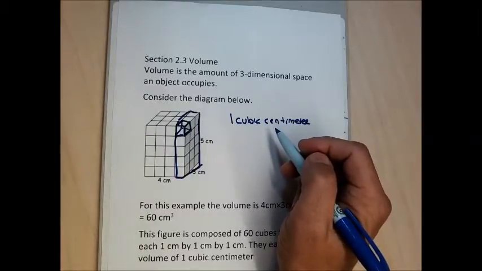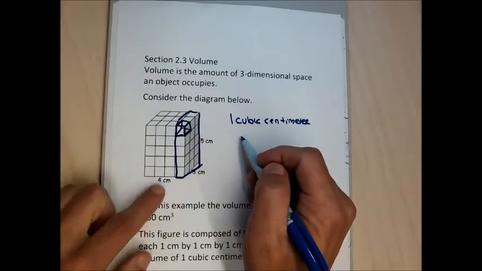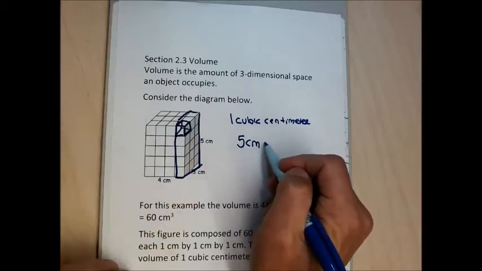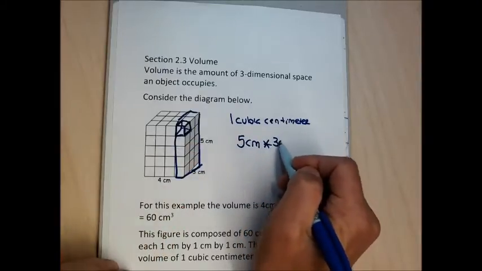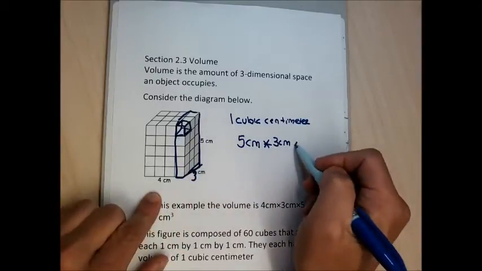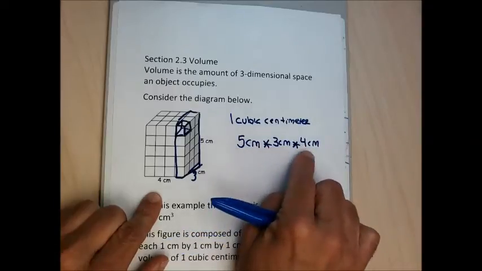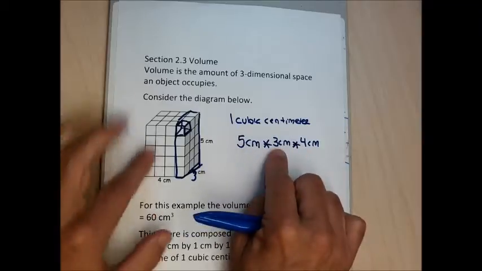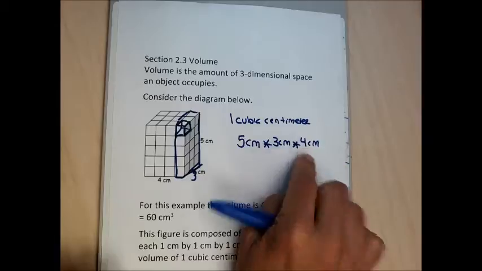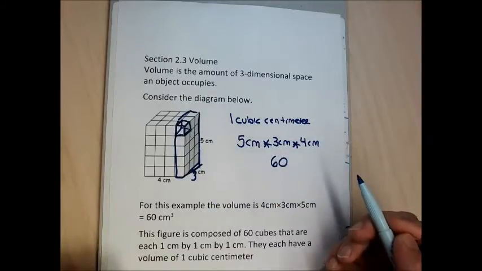The nice way to figure out the volume of this object is just to multiply each of the dimensions, to multiply the 5 centimeters times the 3 centimeters that you can barely see anymore because I covered it up, times the 4 centimeters. If you multiply 5 times 3 times 4, that gives me the number of boxes. The 5 times 3 gives me the 15 boxes in each column, and then there are 4 different columns. And 5 times 3 times 4 is going to give me the 60 boxes that make up this object.